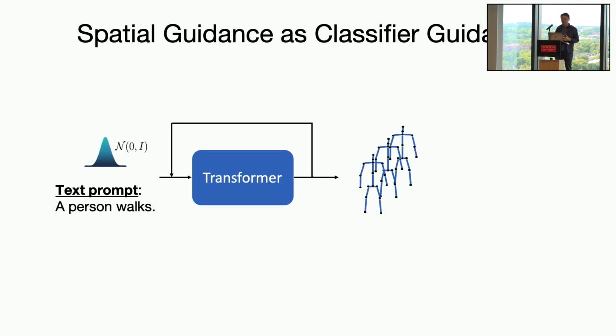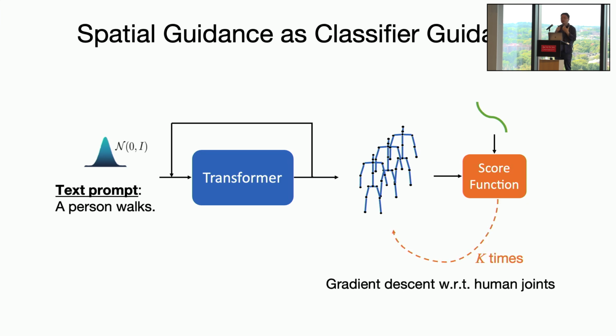If you're familiar with the term diffusion models, this can be interpreted as classifier guidance. So what's the classifier here? It's the distance function. It's a score function telling us how good or how bad the model's output is compared to some desired output. Here, by the desired output, I mean those control signals, for example, the S-shaped trajectory from a user's input.